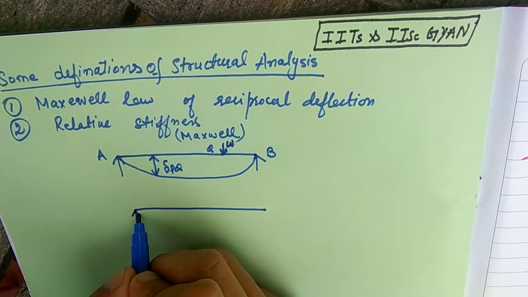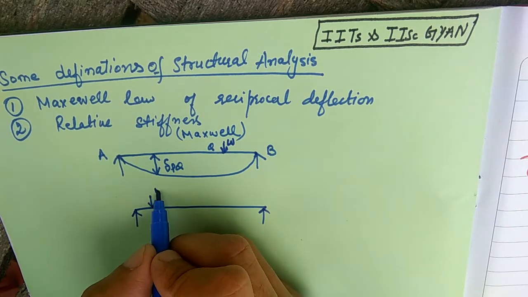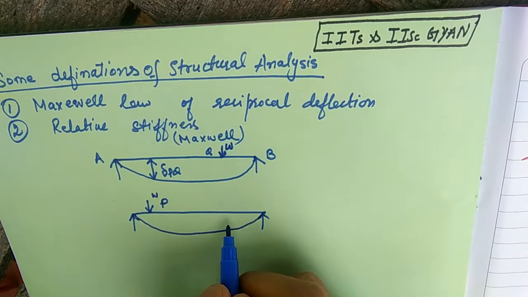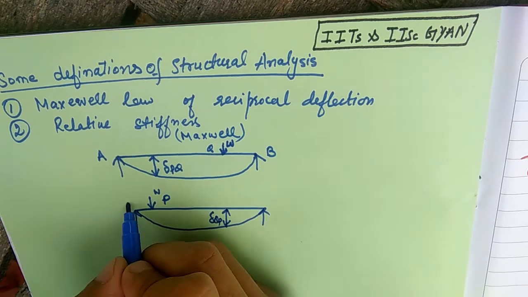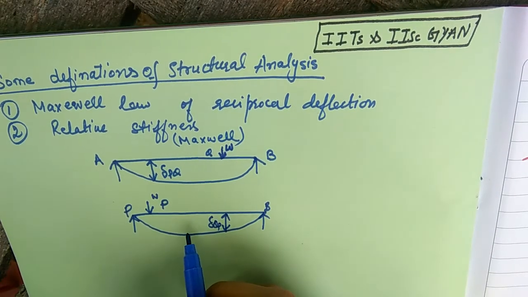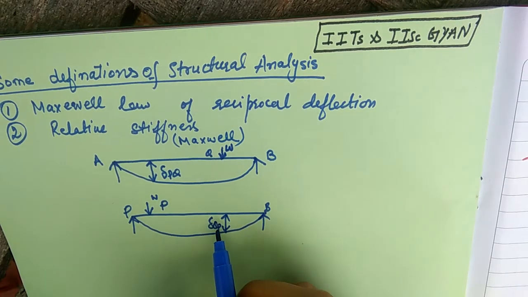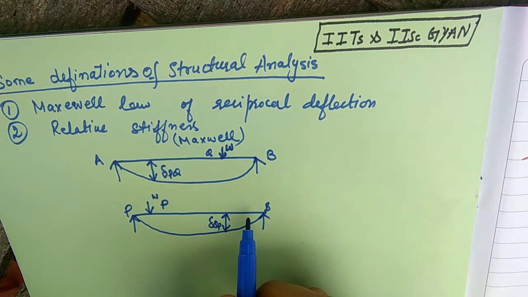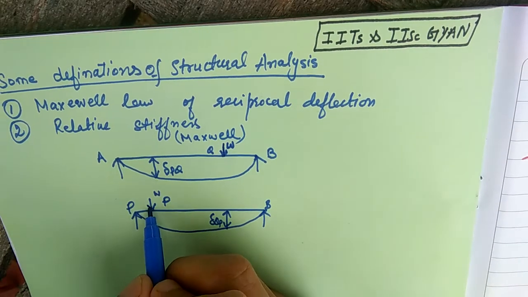How? This is the deflection delta QP. Now understand, the displacement at a point P due to the force applied at Q is equal to the displacement at the point Q due to the same force applied at P. Same force W applied on this side and this side.